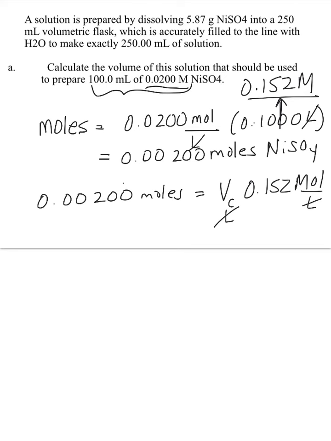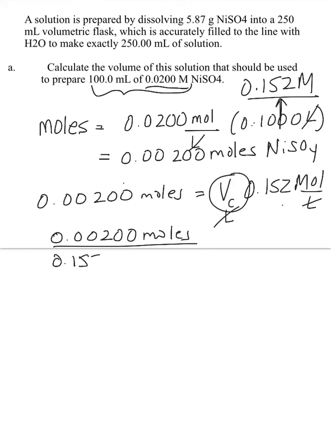from the volume and the liters from the denominator in molarity will cancel. I can rearrange this so that I have the volume of the concentrated solution on one side of the equation and everything else on the other side. So I'm going to write that this way, 0.00200 moles divided by this concentration, 0.152 moles per liter, and that'll equal the volume of the concentrated solution.